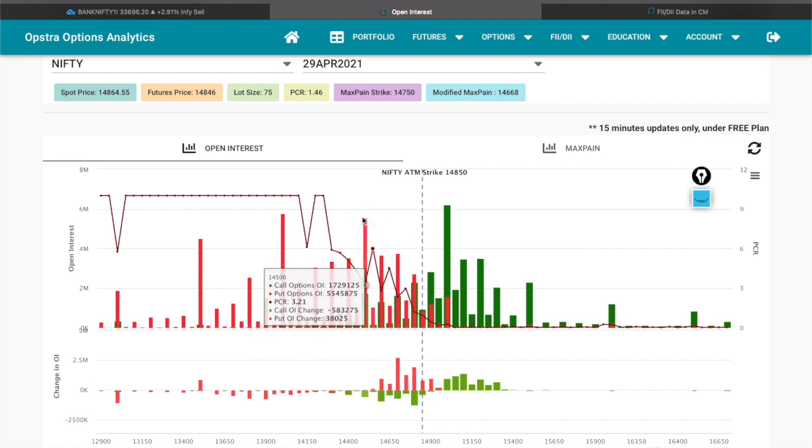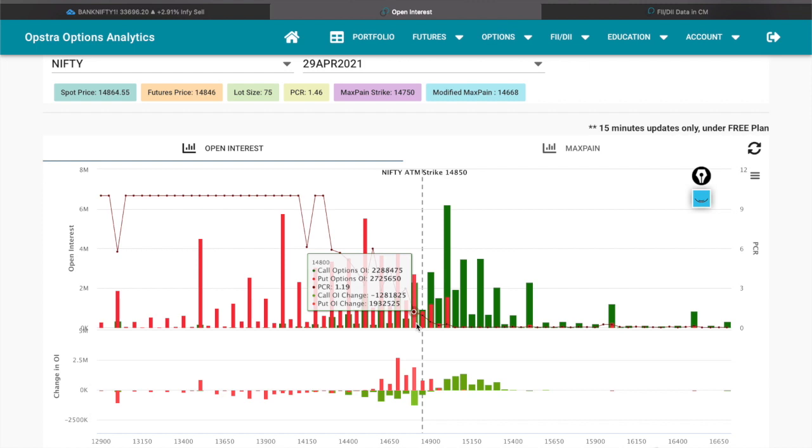So a huge number of puts were sold by various people. That means it shows a confidence that the market would not come down. For example, the highest put that has been sold was at 14,600, 14,650, and even puts were added on 14,800, 14,700 also. So that means 14,800 and 14,700 is the strong support, we would say.